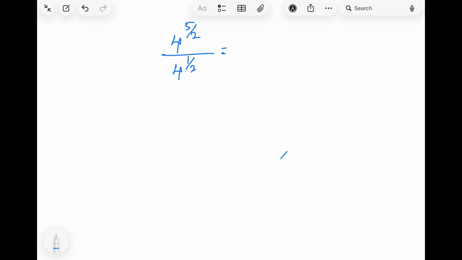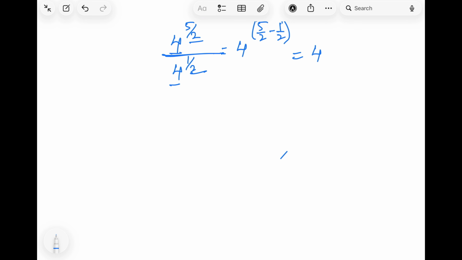Here we will just subtract the powers because the base is the same and they are in division. So we simply subtract: 5 by 2 minus 1 by 2. We can subtract directly because in both fractions the denominator is the same, so no need to take the LCM or equalize the denominators.